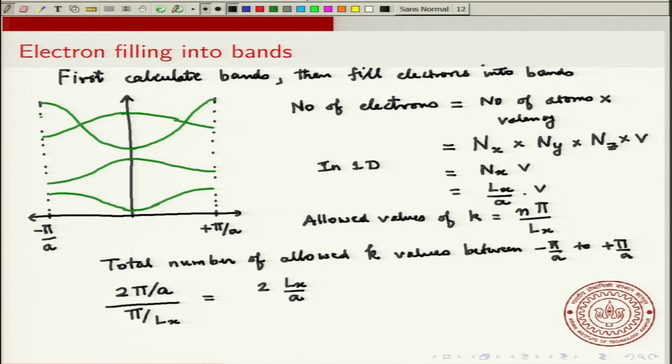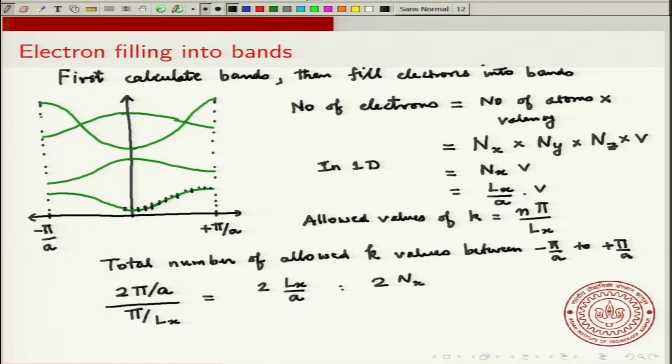That means Lx by a. So, you have this many values, which is equal to twice the number of atoms. Lx by a is nothing but the number of atoms. So, basically in this range from 0 to pi by a, you have a total of Nx states.